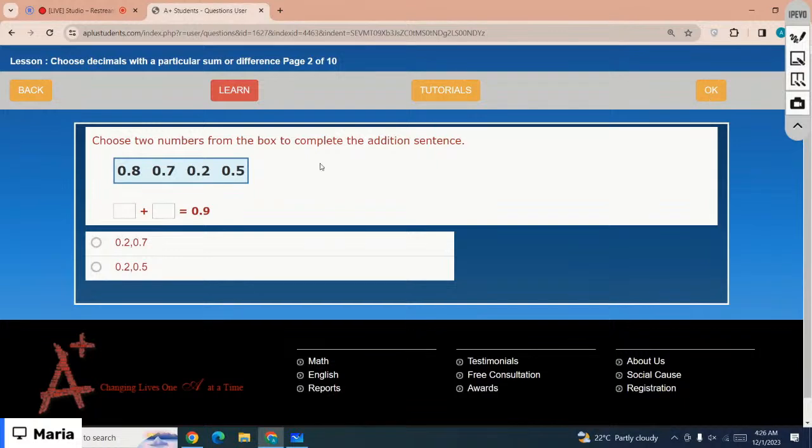Yes, that is 0.7 and 0.2. When you add them, they make 0.9. Very good.